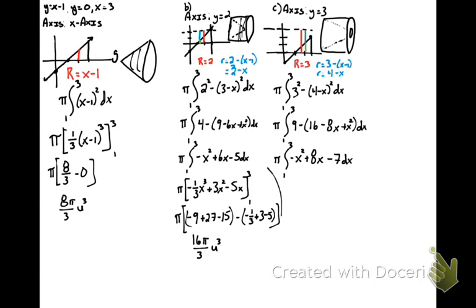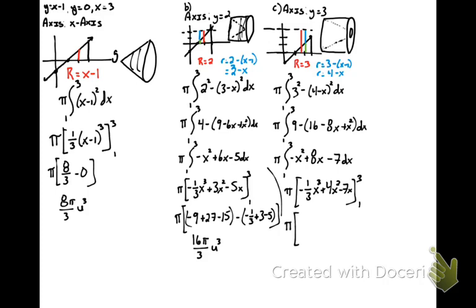Integrating, we end up with pi times negative 1/3 x cubed plus 4x squared minus 7x from 1 to 3. Now it's time to substitute.